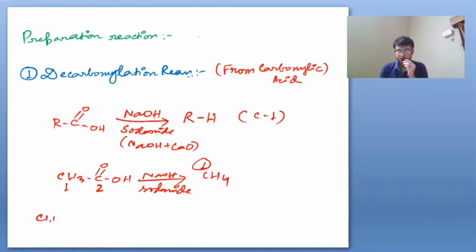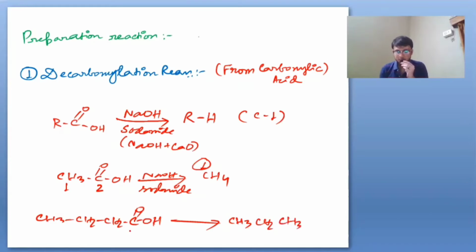Just like if we do this, what will be the alkane here? If we do the same decarboxylation reaction, just count the number of carbons, 1 2 3 4. So it gives us propane because it is a minus 1 reaction.